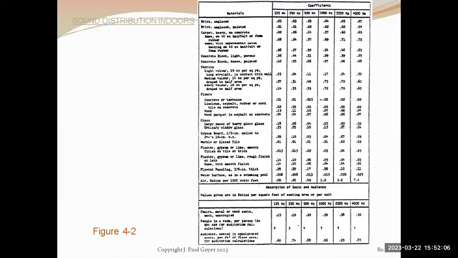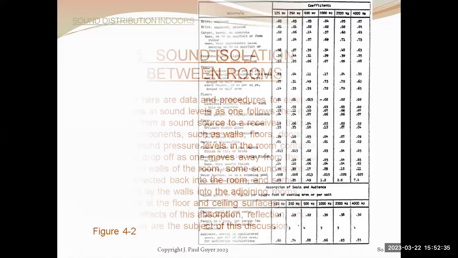So you need to select a building material or building construction system that has a sound reducing coefficient of 40 decibels. 70 minus 30 equals 40. And so if you construct the wall that way, you will get that sound environment that you want in the receiving room.